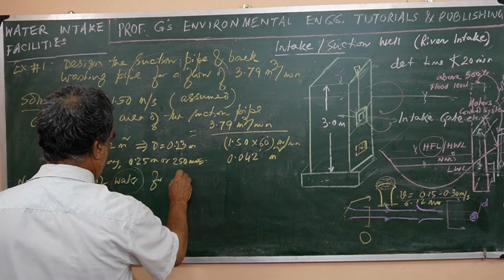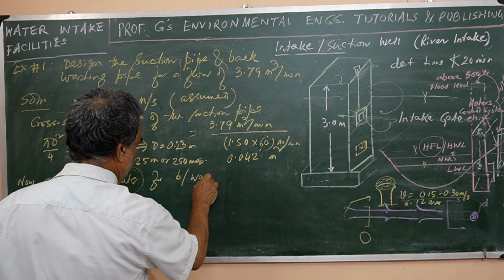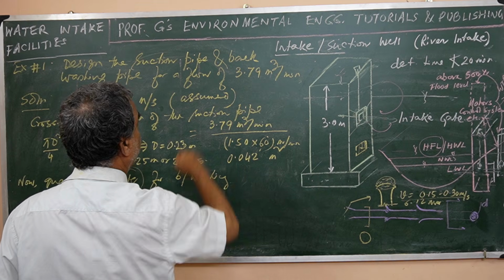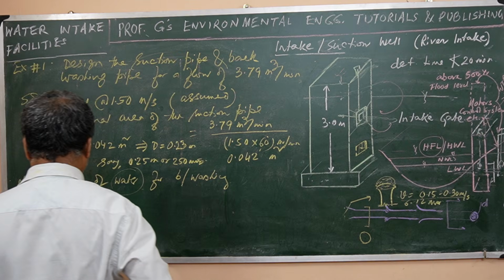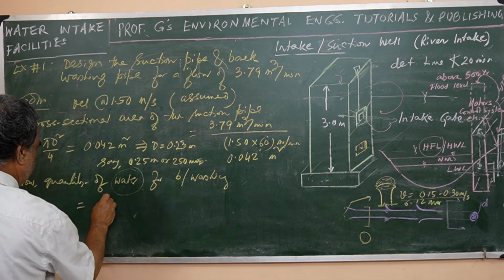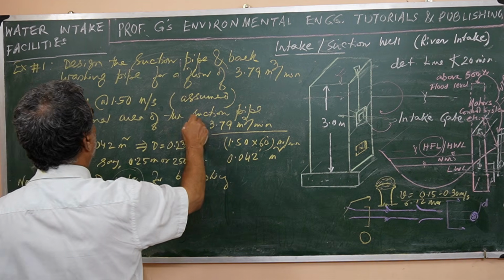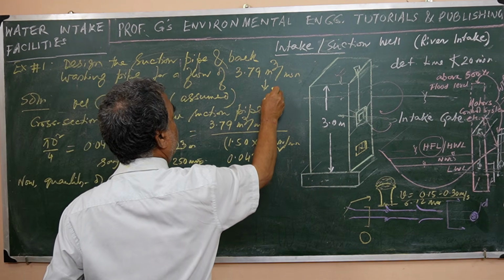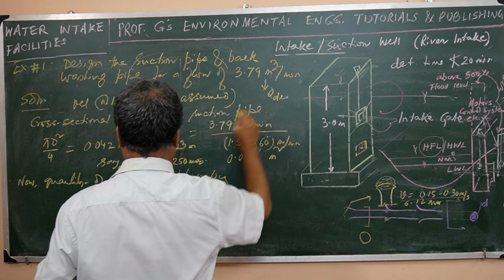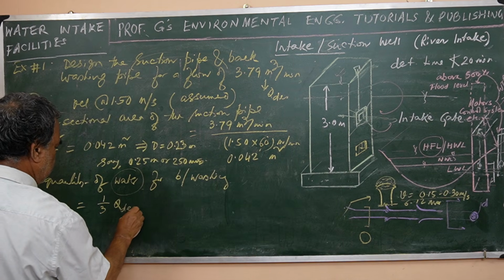For backwashing, I am writing in short. Backwashing we have already written here. So this will be in fact 1/3 of Q. Q means this design Q. If we say that this is Q design, so we will write Q design.